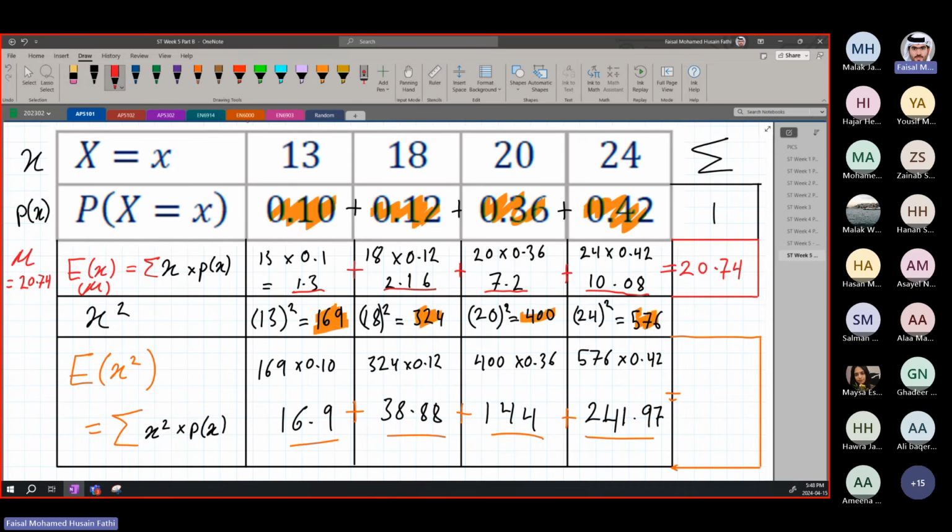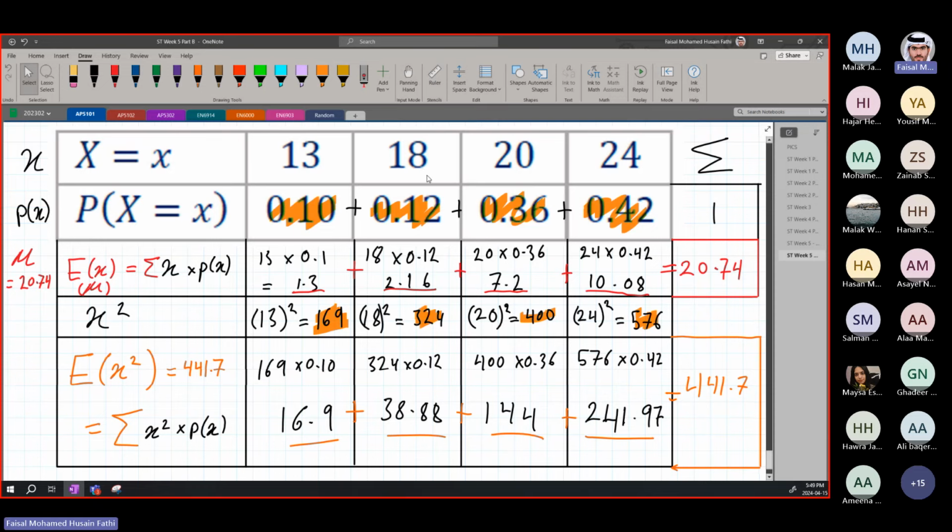What is it equal to? So 16.9 plus 38.8 plus 144 plus 241.92 is going to give us 441.7. So now we have found our E of x squared value. We found this to be 441.7. Okay?